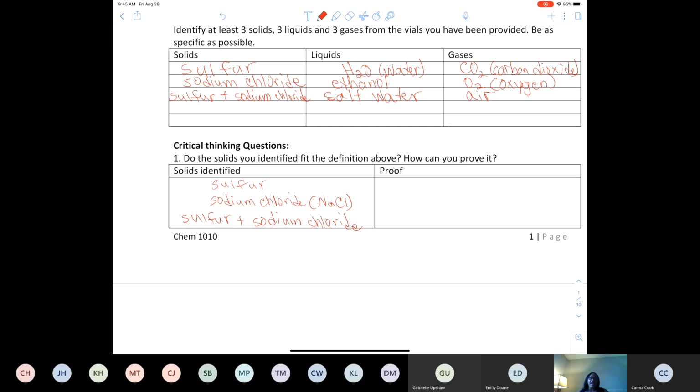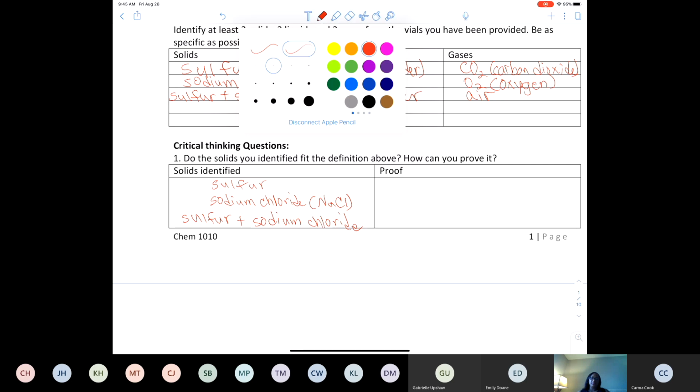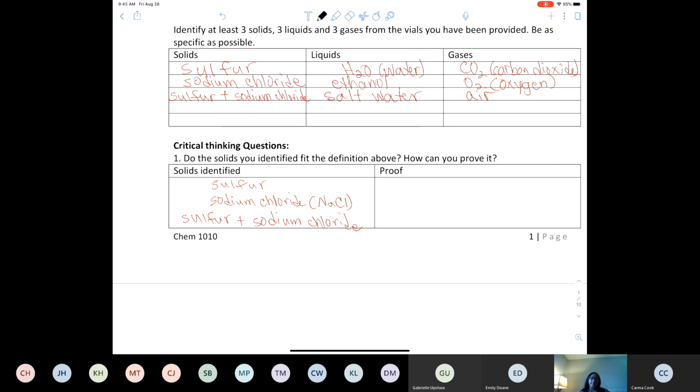But no matter which 3 solids you identified, what proof can we write that supports the fact that we identified these 3 substances as solids? And so when we say proof, meaning that these 3 items fit the scientific definition of what a solid is.